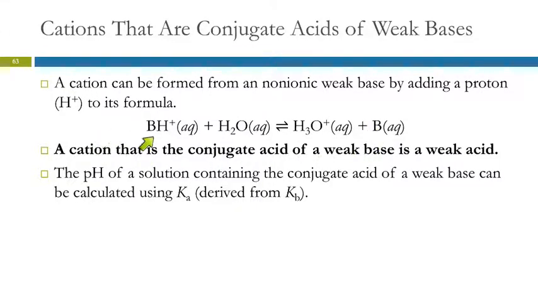That cation is the conjugate acid of the weak base, and so it is also a weak acid. So when we have a solution containing the conjugate acid of a weak base, we can calculate the pH using Ka, which we derive from Kb. Isn't this fun?